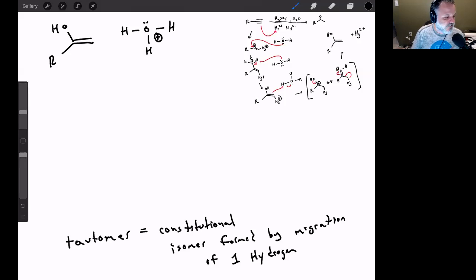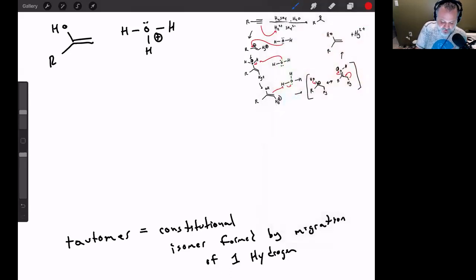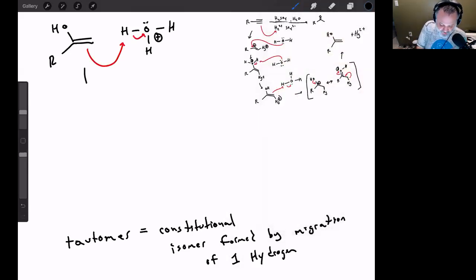And so what you'll see in the course of this reaction is that everything in the middle of this particular mechanism involves positive charges. And so what we do is we take this acid and it protonates the double bond. That's the first thing to start with. And that forms in the intermediate a resonance stabilized cation.